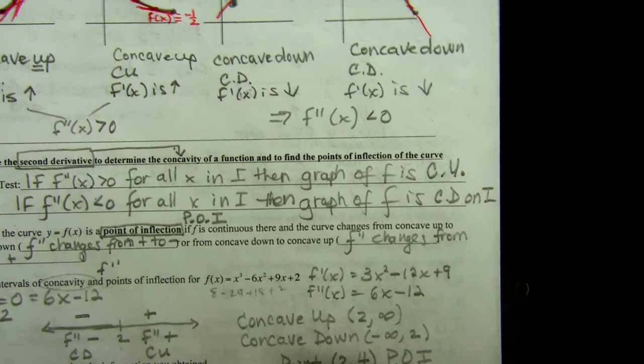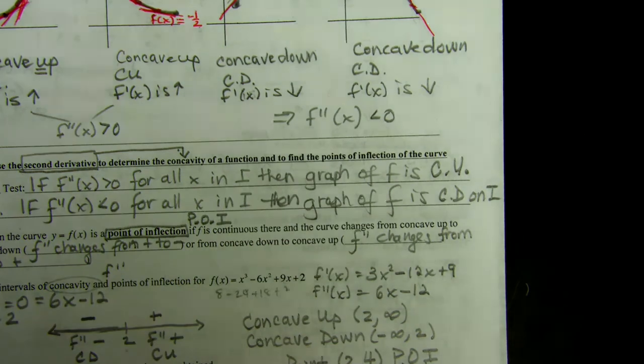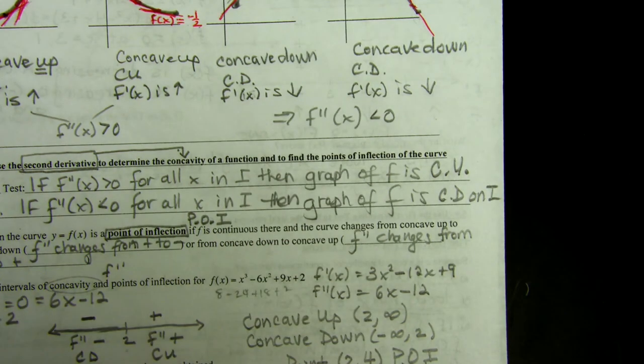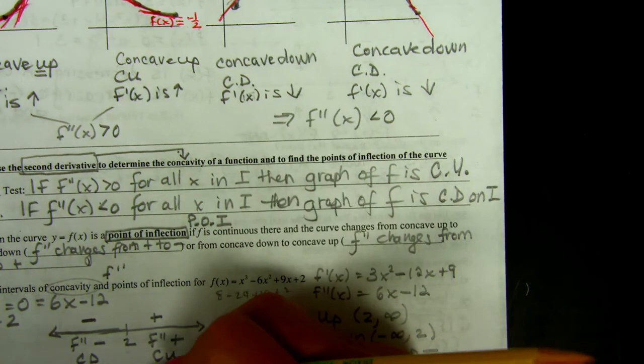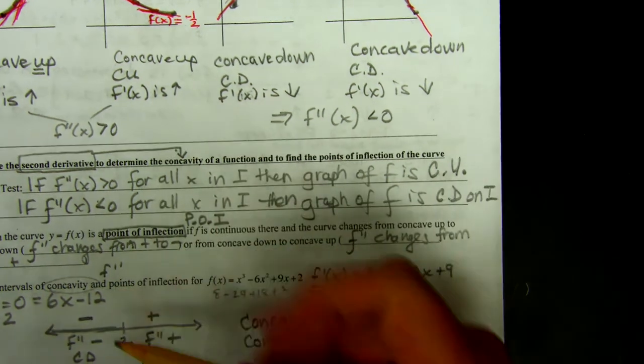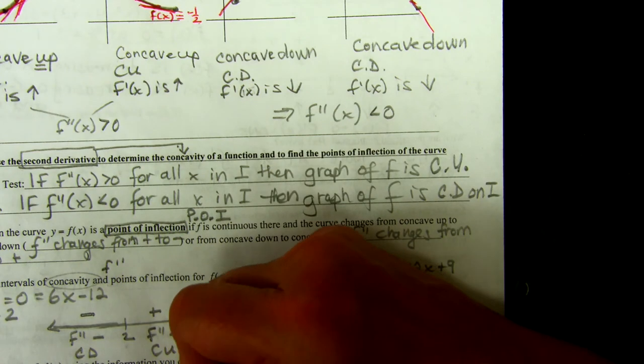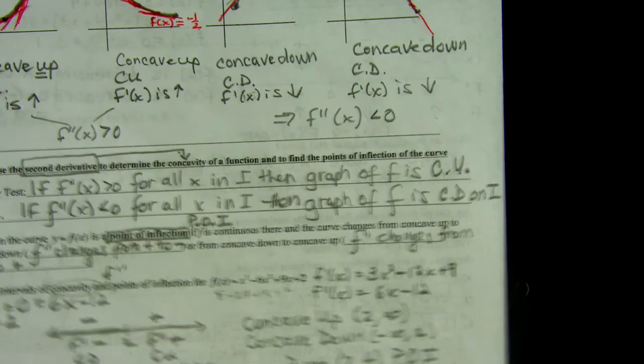Okay, so here is a sketch of the graph, and that point of inflection, 2, 4, happens right about here, where all of a sudden the slope of those lines are going to be more underneath it.